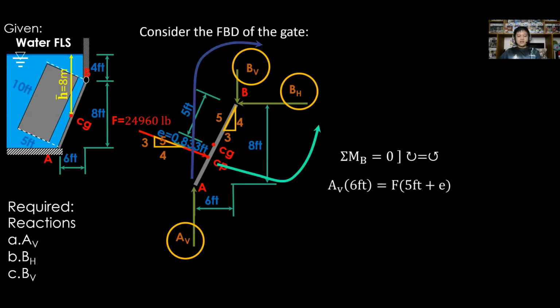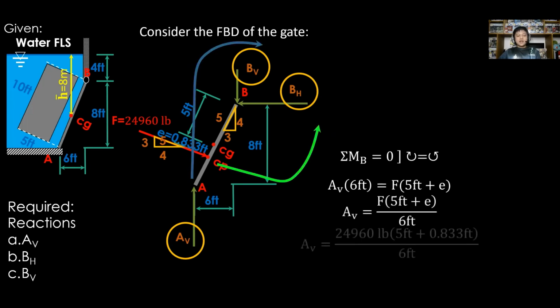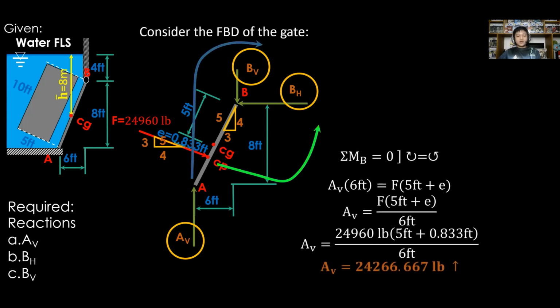The clockwise moment is the moment due to the reaction at A, multiplied to the perpendicular lever arm that is 6 feet, equal to the counterclockwise moment due to hydrostatic force F, multiplied to the perpendicular lever arm, the combined 5 feet plus E. Rearrange and substitute F and E. The value of A sub V is equal to 24,266.667 pounds. Positive, therefore correct assumed direction, which is upward.